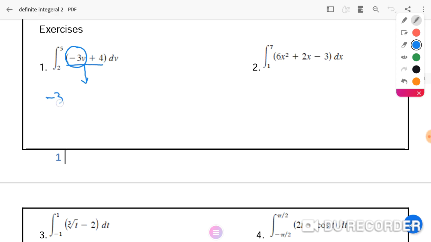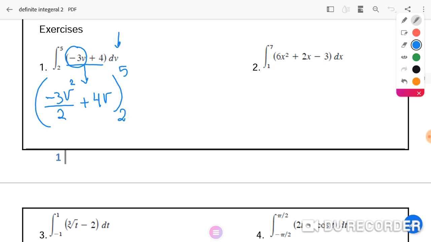It will be negative 3 multiplied by the integration of v squared over 2. Don't forget I have to divide by the new exponent. Constant plus 4v. Don't say x because the variable that we integrate with respect to here is what? V. Okay? From 2 to 5.